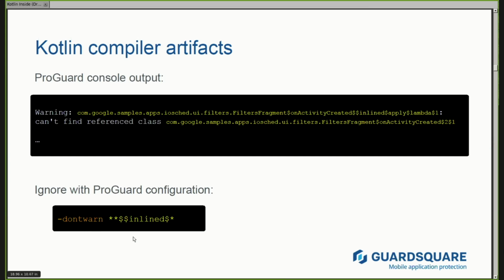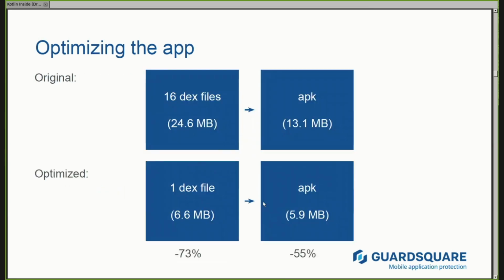We can reassure ProGuard that this is not a problem and specify the don't warn option. In this case, specifying that all classes that match this pattern can be ignored if there is some small issue like this with it. So then ProGuard takes our word for it and continues merrily processing the application.